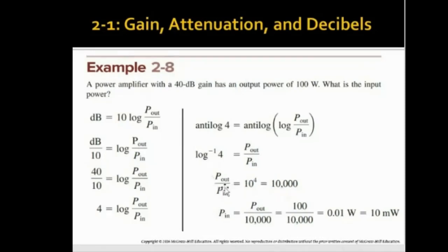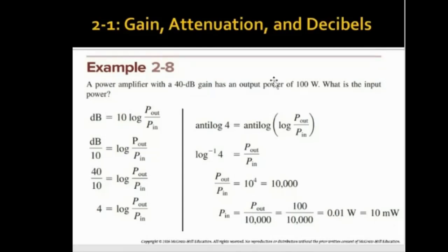Now we substitute our output power, which is 100 watts, divided by P in, equal to 10,000. To solve for P in, we have P out over 10,000, which is 100 divided by 10,000. So our P in is 0.01 watt, or 10 milliwatt.